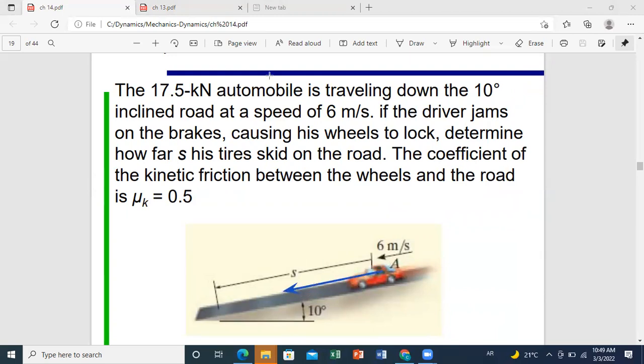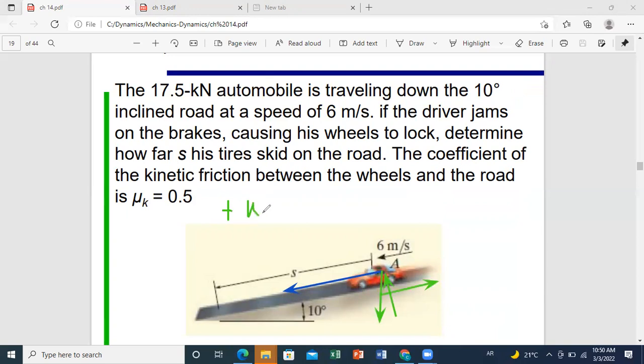So if you go back to this figure, to get a, you don't have motion perpendicular to the incline. You just have motion along the incline. So when you project along the incline, you have the weight and the normal. The normal has no projection along motion. You just have the projection of weight and the projection of friction, and we have already determined what these projections are.